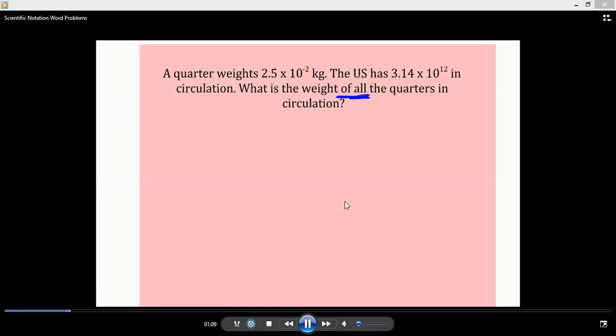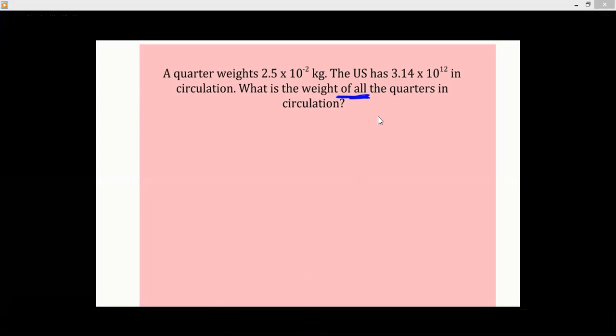Then he gave us here that the US has 3.14 times 10 to the power of 12 in circulation, and he said that each quarter weighs 2.5 times 10 to the power of negative 2, which means we are looking for the total for all.